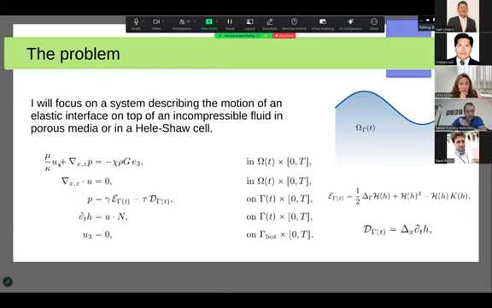U is the velocity of the fluid, and P is the pressure of the fluid. These two equations are satisfied in the bulk, in the blue bulk of the fluid. The elastic membrane is assumed to be a graph, let's say the graph of the function h, and it satisfies this evolution equation right here.